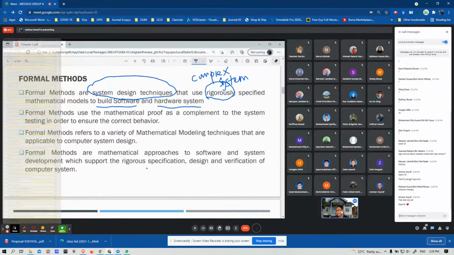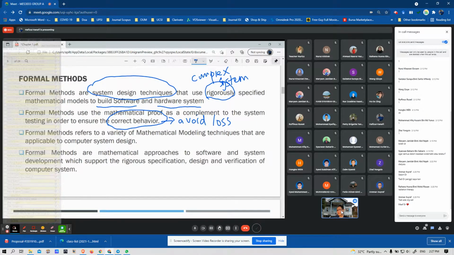Because before this, I have mentioned the correct behavior is important to the system because it acquires a lot of monetary aspect. This correct behavior is to avoid loss.